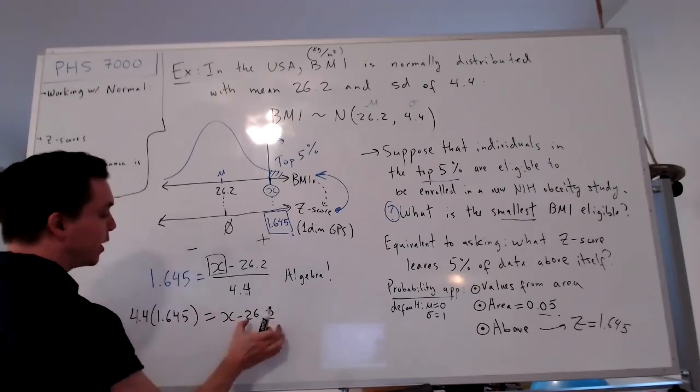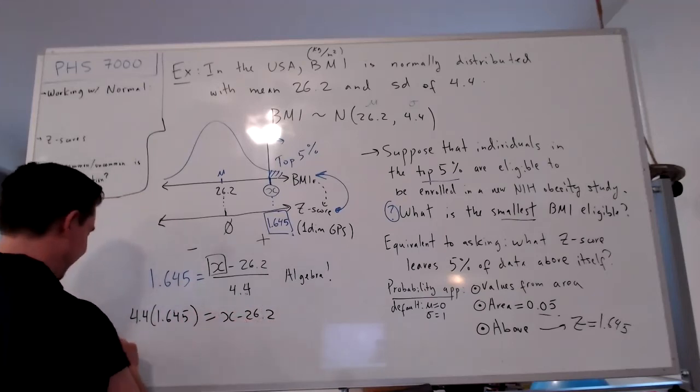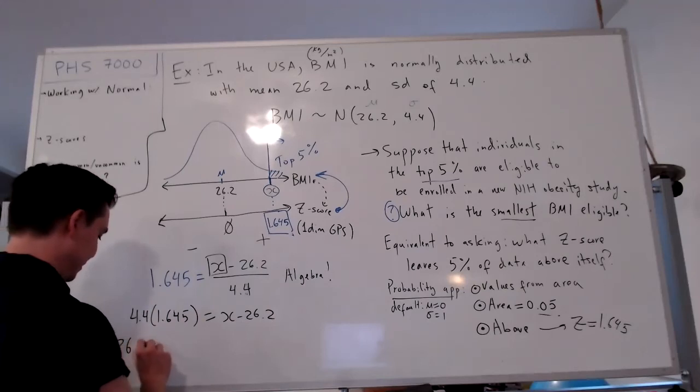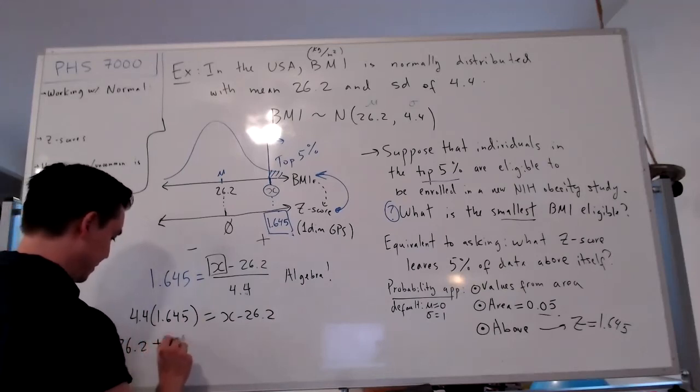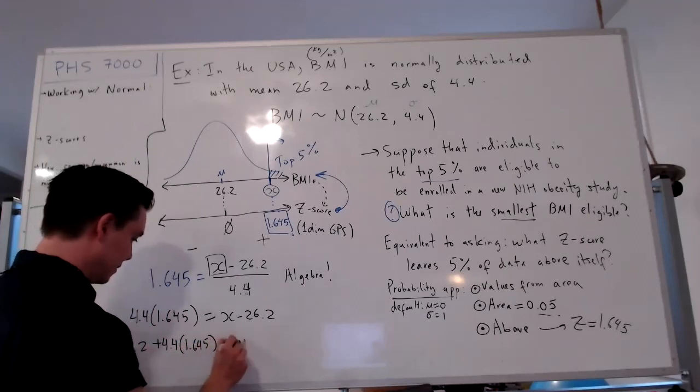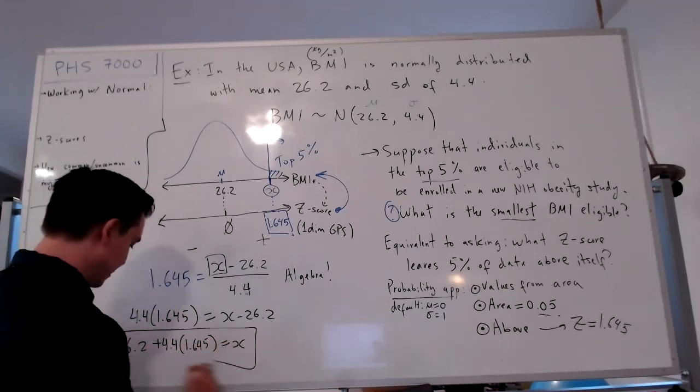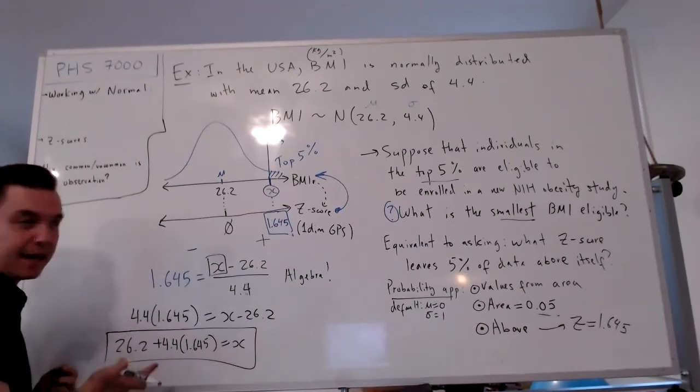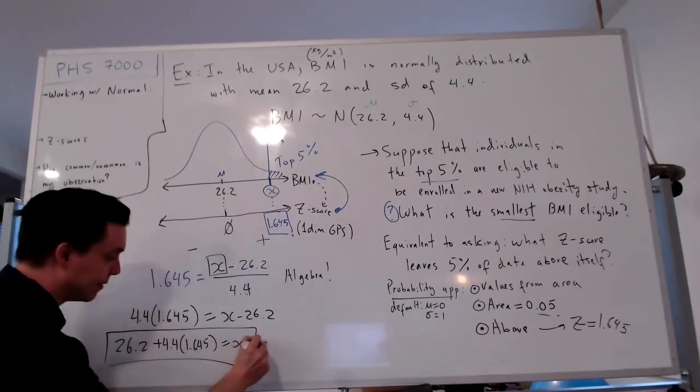Okay, add 26.2 to both sides. And now we have solved for our BMI.